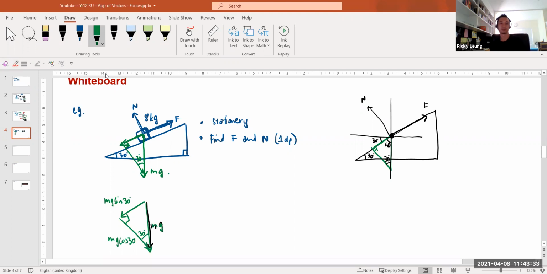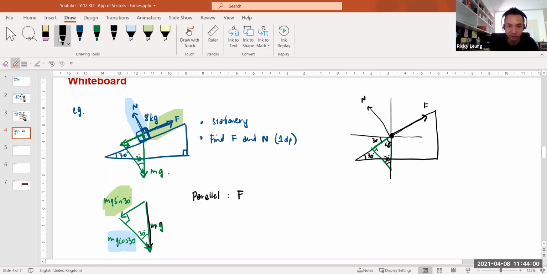Great. Once you understand that, I match up this guy with the F and this guy here with the N to get my value. I'm going to call the green ones parallel to the surface. Comparing those forces parallel to the surface, this guy minus this guy should give me 0.